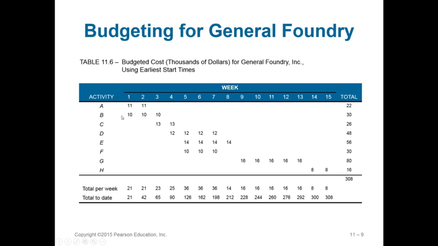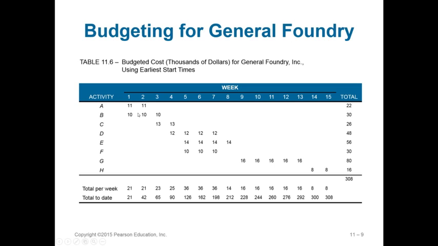So in the first week, if you started everything off in the first week, you would expect then to spend $21,000 for week 1, because it's going to be $11,000 for each week of A and $10,000 for each week of B. And B starts here, so it would go all the way down.